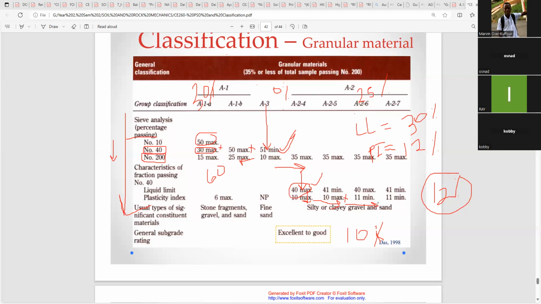What if on the rule it doesn't fall on any of the number 10 or number 40 or number 200? Is that possible? No, it's not possible. For number 200, you can't get something like 60, because you can see all the maximum values. I think 35 is the maximum you can get.